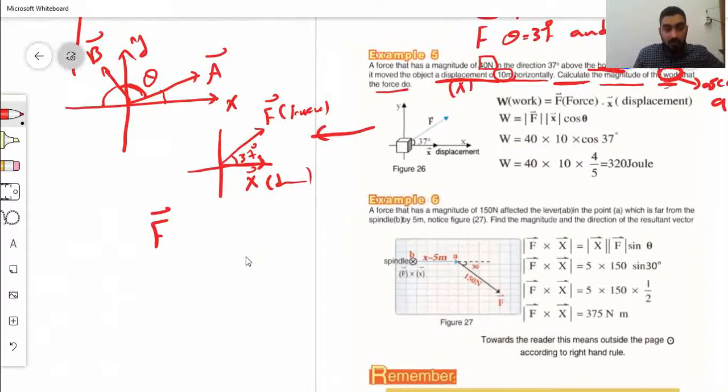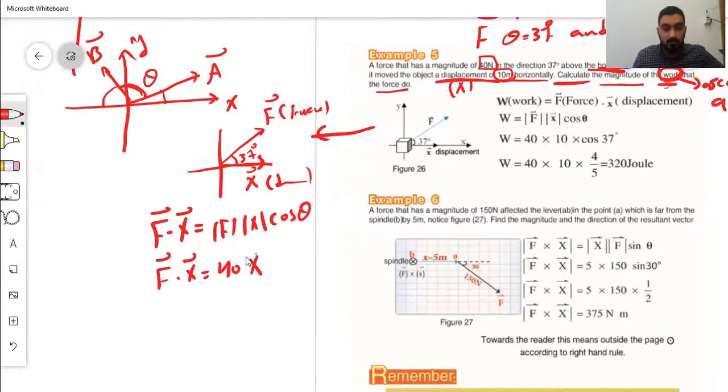F dot x equals F times x times cosine theta. F is equal to 40 Newton, x is equal to 10 meters, so 40 times 10 times cosine 37 degrees.